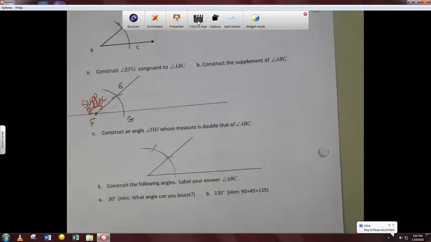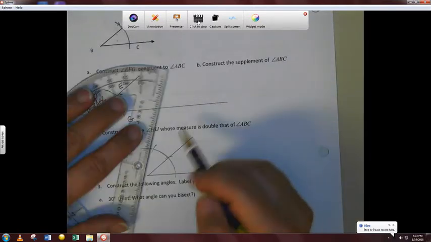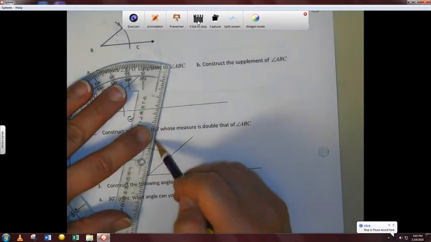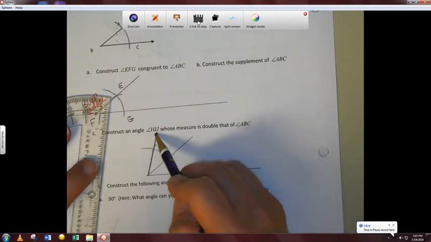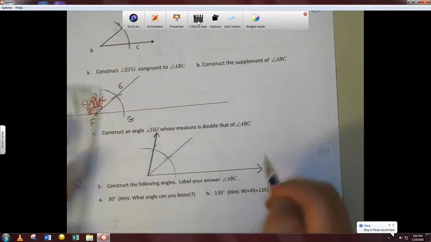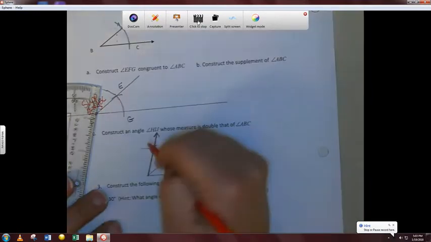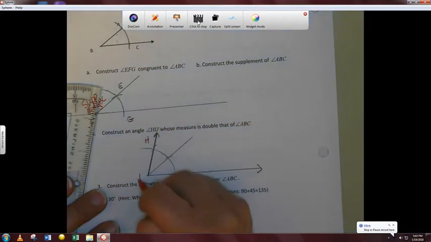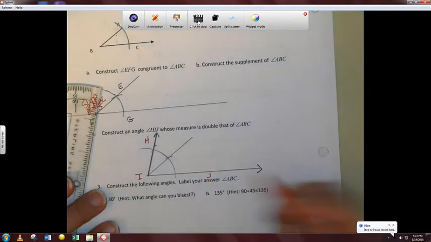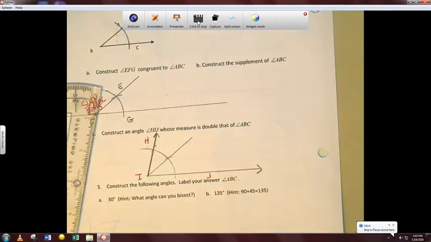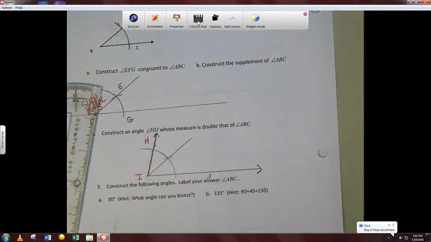We make that intersection, and we connect. And so now this is angle HIJ, and it has a measure that is twice that of angle ABC.